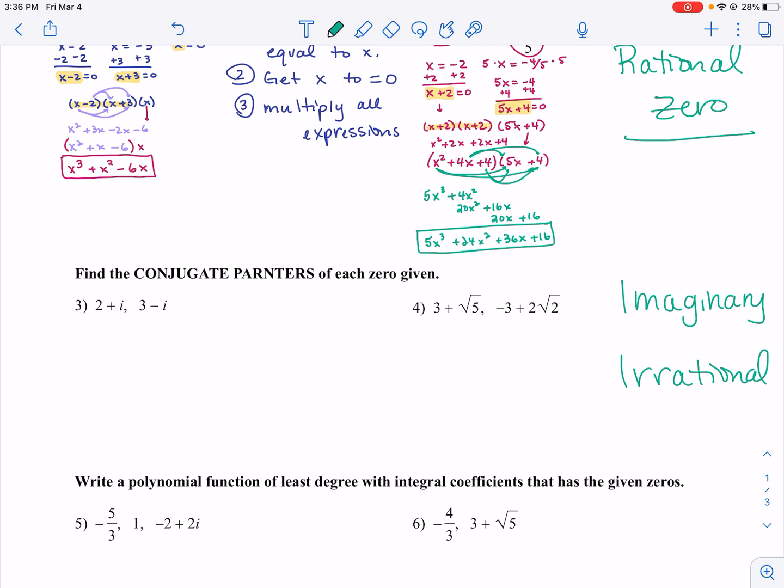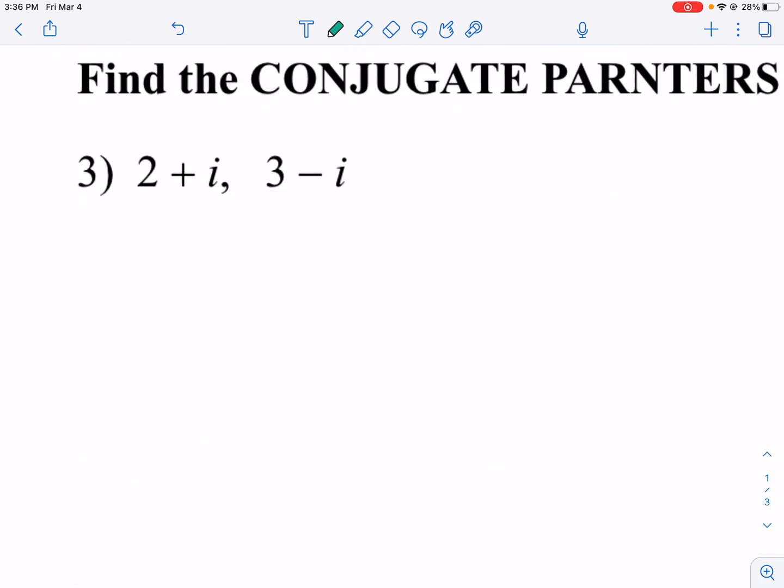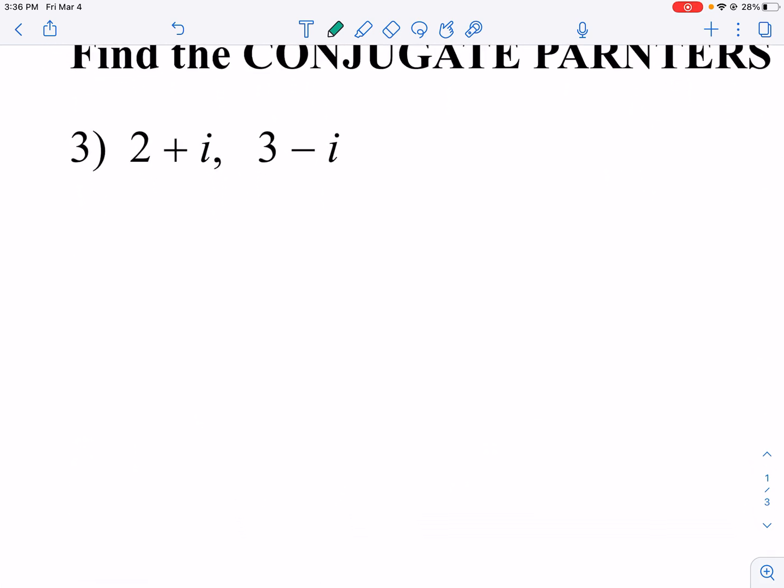And a lot of times when you're presented a zero, you're not given the full set of zeros. You have to remind yourself this came from the quadratic formula. So when looking at this imaginary number, this is only one of the things that came from the quadratic formula. If you remember back, this would have been 2 plus or minus i. So this given zero is only one of the zeros, okay?